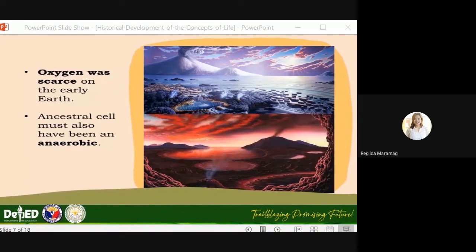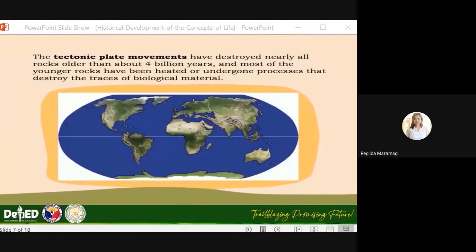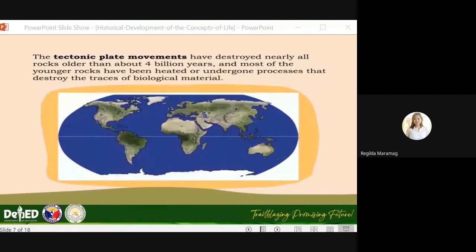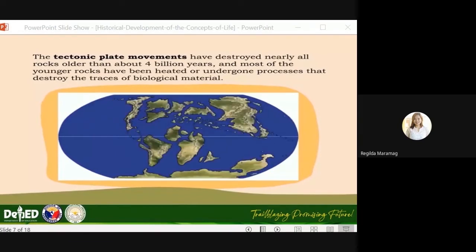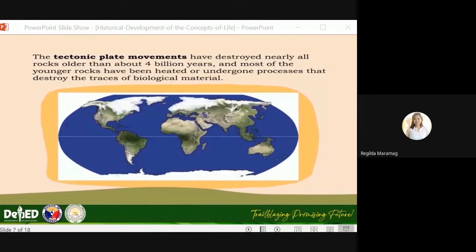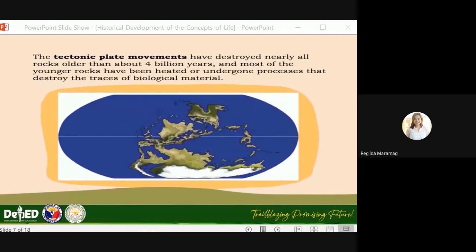There are some challenges encountered in searching for the evidence of early life. Cells are microscopic, and most have no parts to fossilize. The tectonic plate movements have destroyed nearly all rocks older than about 4 billion years, and most of our younger rocks have been heated or undergone processes that destroy the traces of biological material.